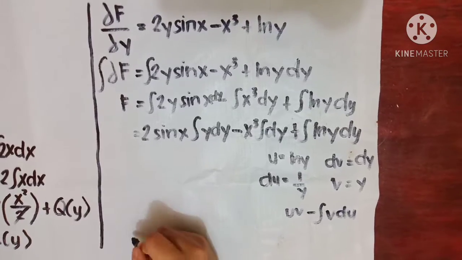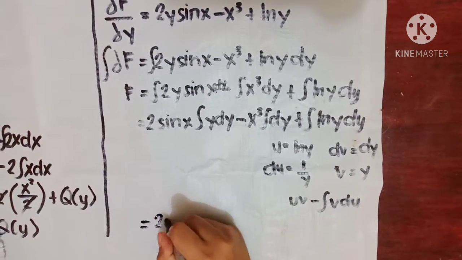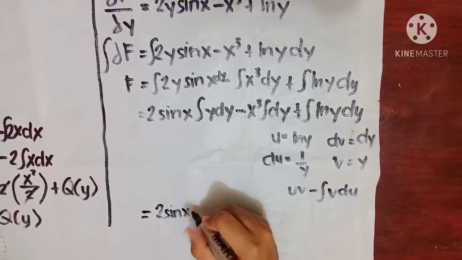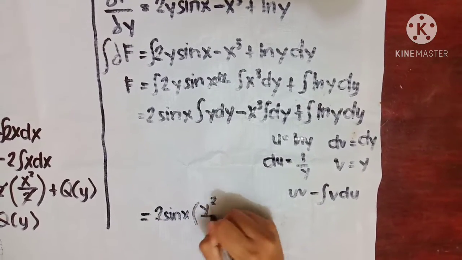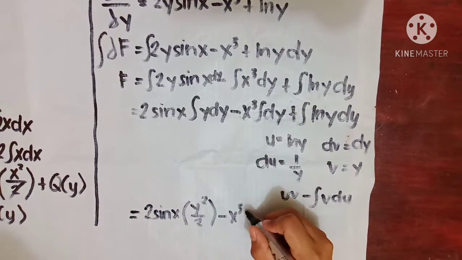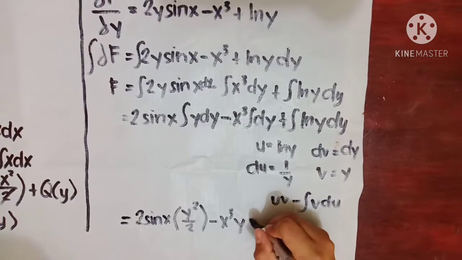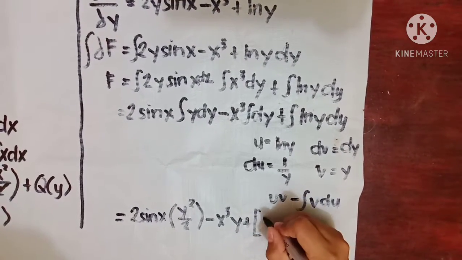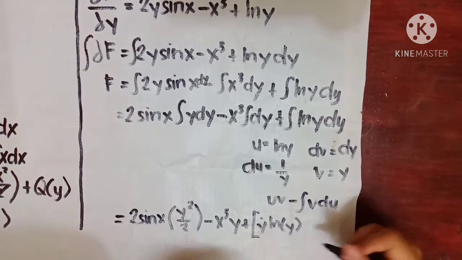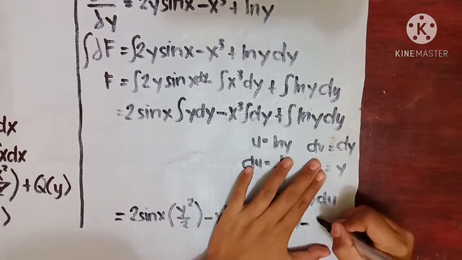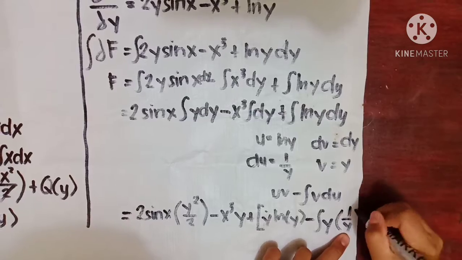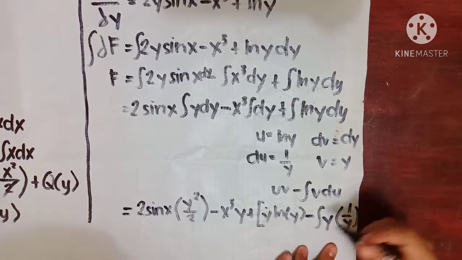So it will become then 2 sine x, integration of y is y squared over 2, minus x cubed, integration of dy is y, plus, from this form we have y ln of y minus integration of y times 1 over y dy.